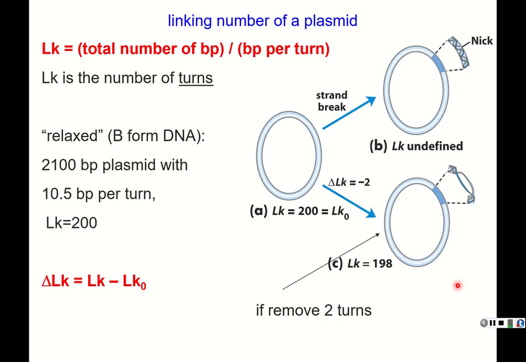You do the math using that equation above, and the linking number is 200. The change in linking number is just your current linking number minus the linking number you started with. So in the second example here, C, we have 198. We started with 200, so our delta Lk is minus 2.